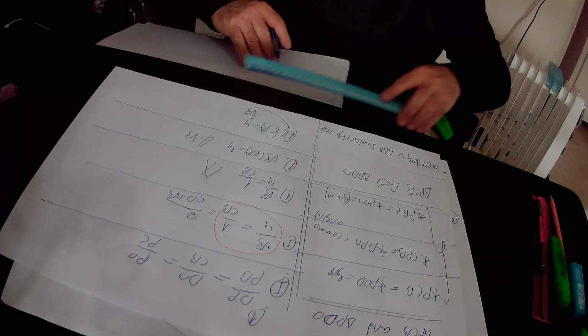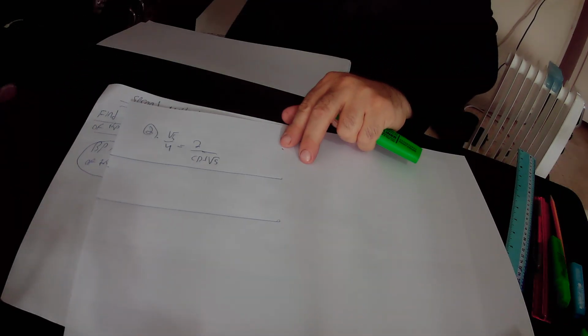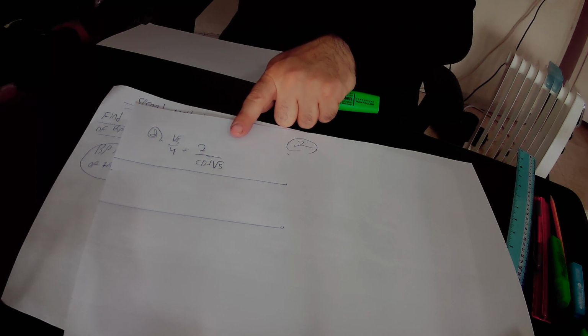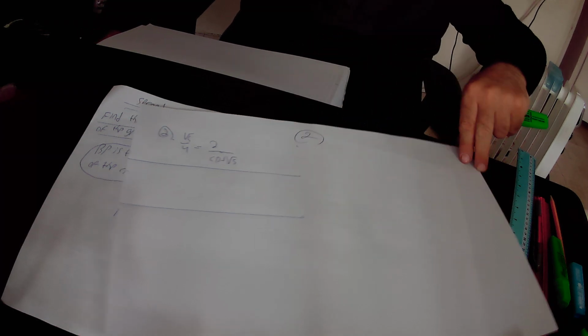Repeat again: according to equation 2, square root of 5 over 4 equals 2 over CD plus square root of 5. Here we cross multiply this equation 2.